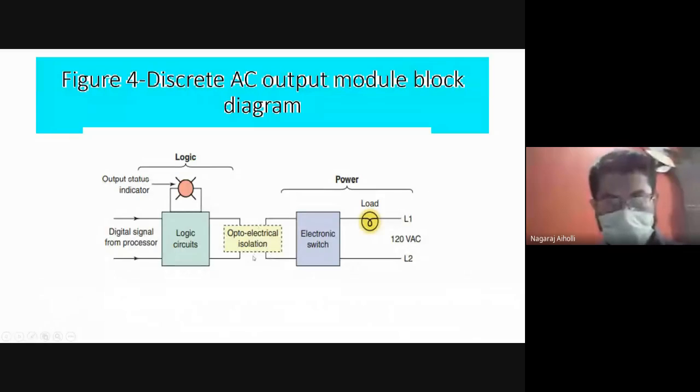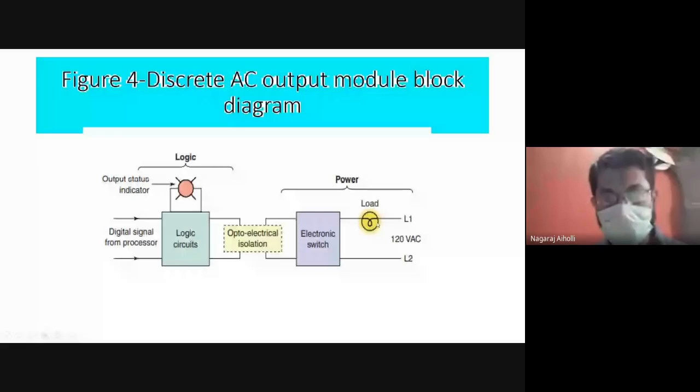Because of this isolation, there are many advantages, as we discussed in the input module: it removes unwanted variations in the left section so they do not reach the right section of the circuit. Then the light falls from the diode on the phototransistor, the transistor conducts, and the electronic switch operates here.